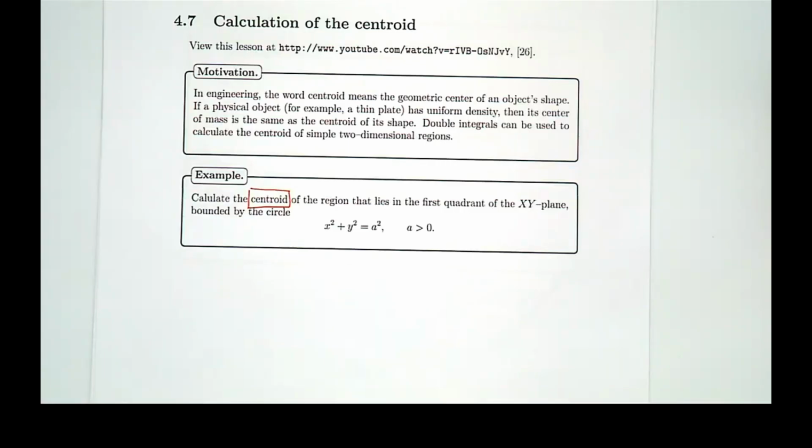Centroid means the geometric center of an object's shape. Yeah, you're absolutely right. What about center of mass? When you talk about center of mass, what is it? It's the point at which you could balance an object.